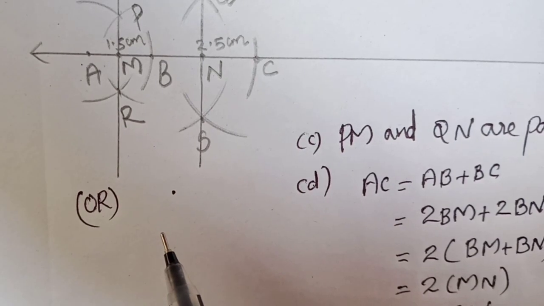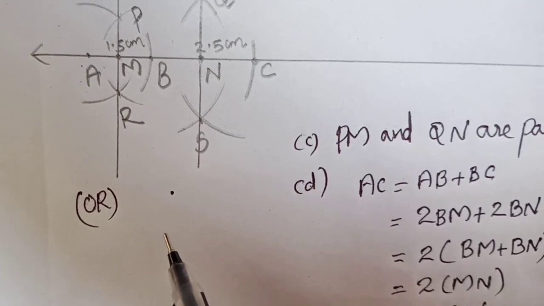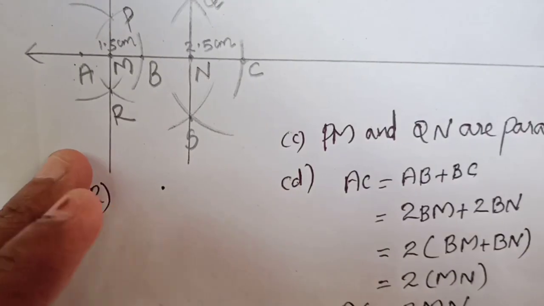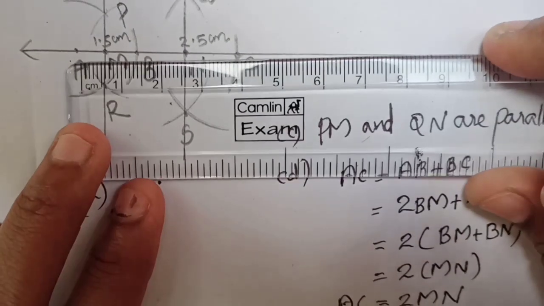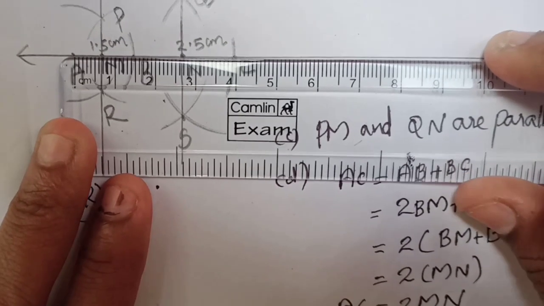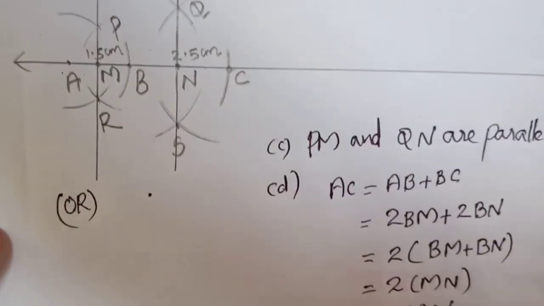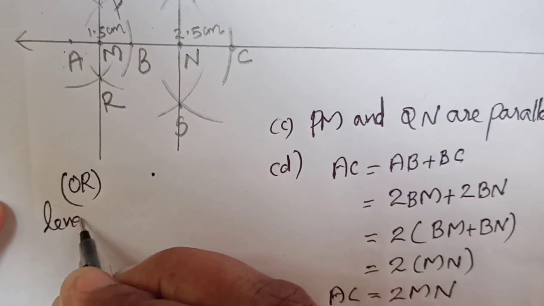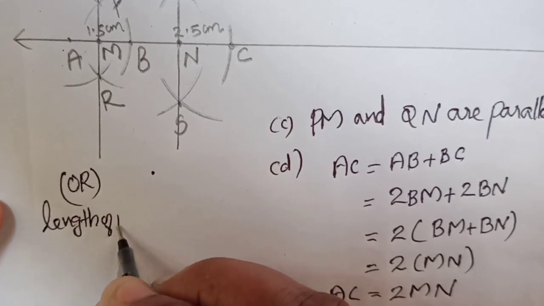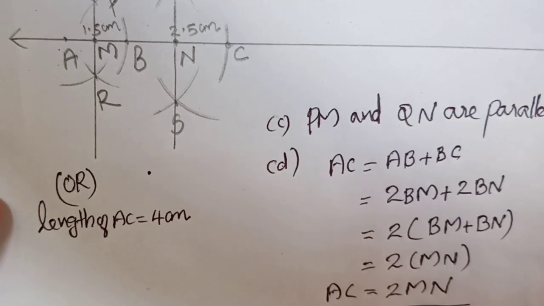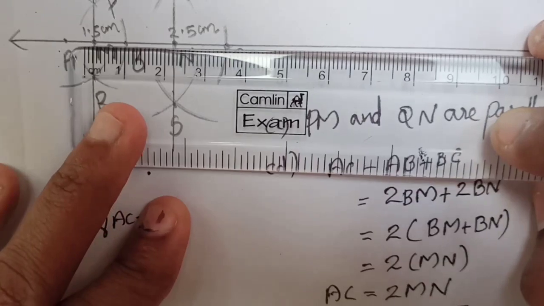We can solve option D one more way. First you have to measure the length of AC. Length of AC is 4 centimeter. Next we have to measure the length of MN.